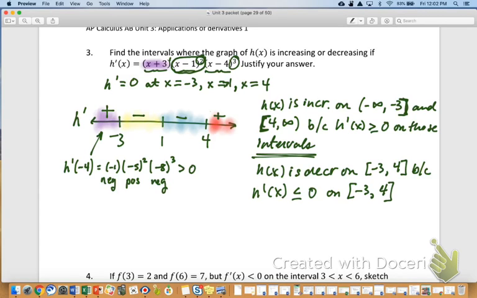So what I've got here is I've responded to the question. I've also justified my answer, the part of my statement where it says because, whatever comes next, that's my justification.